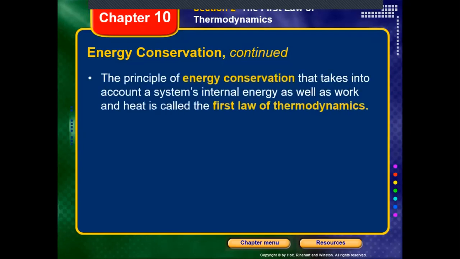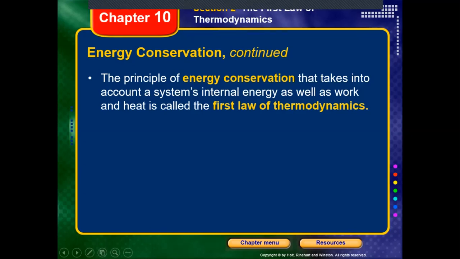The principle of energy conservation, which means that the total energy is constant all the time if you don't lose energy, and which takes into account a system's internal energy as well as work and heat, is called the first law of thermodynamics.